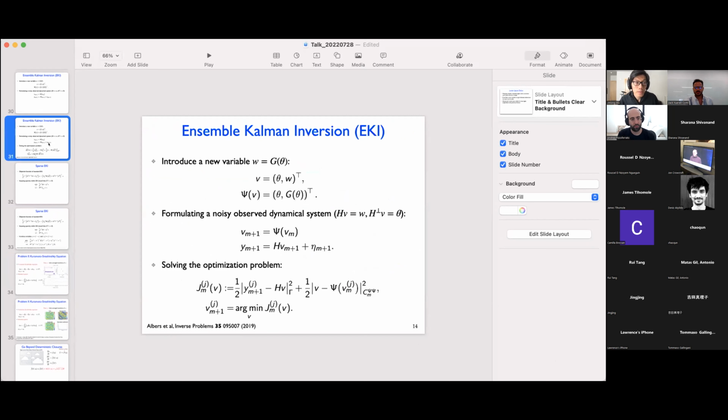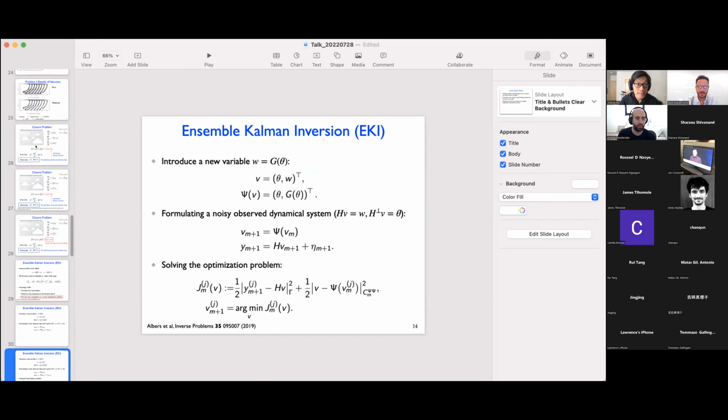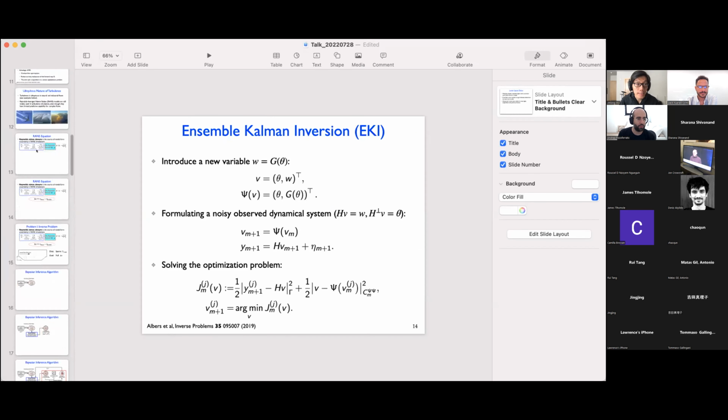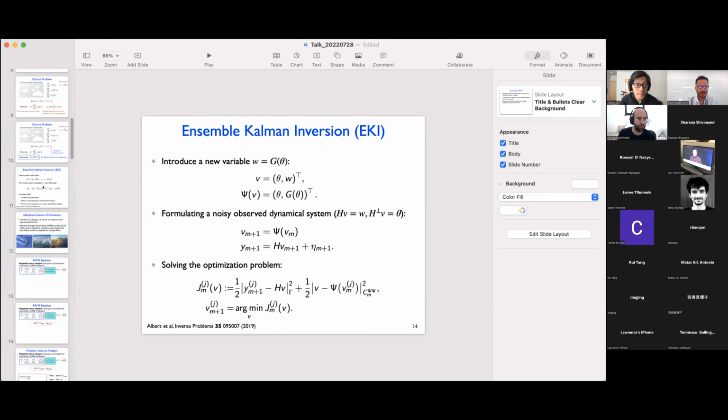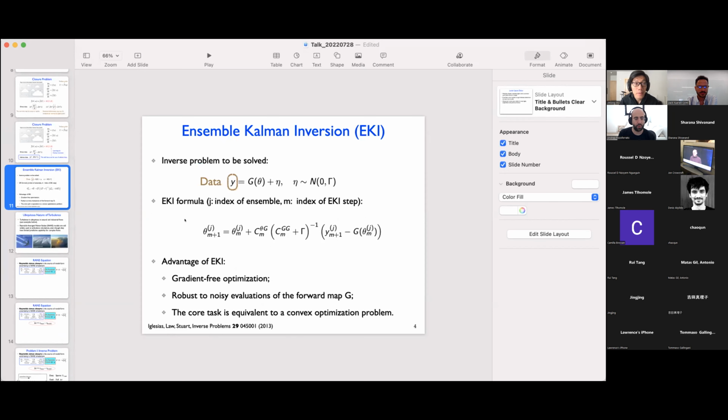So for the EKI, we have the standard updating formula in stage 1 that we presented in the middle. That's the standard updating formula that we just use iteratively to get the final estimation of theta.